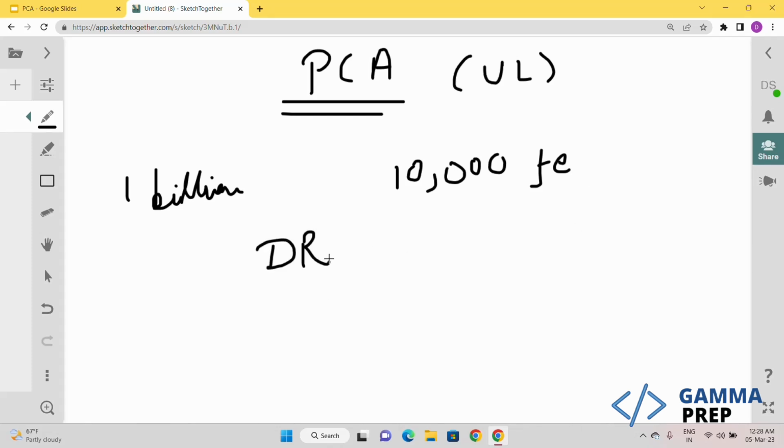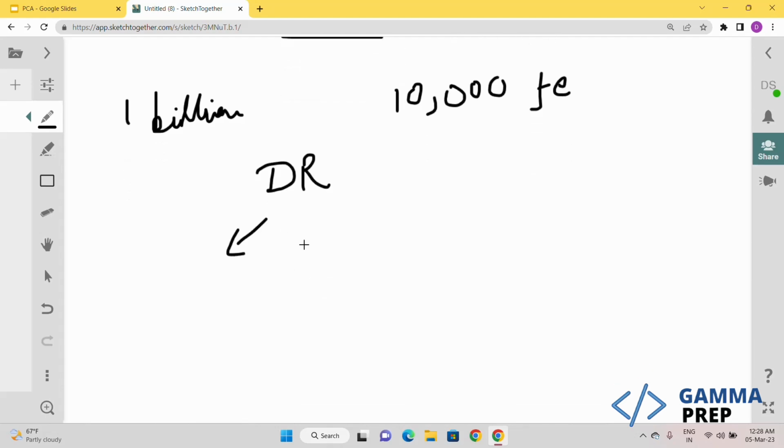What does dimensionality reduction mean? Reduce the number of dimensions. Dimensions means features. There are multiple ways to do dimensionality reduction: one is feature subset selection and the next is feature extraction.